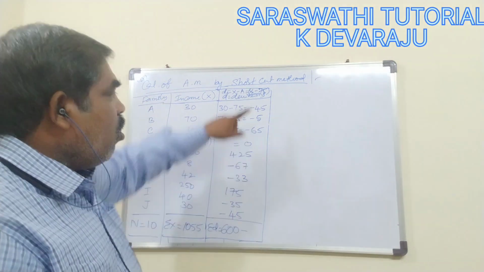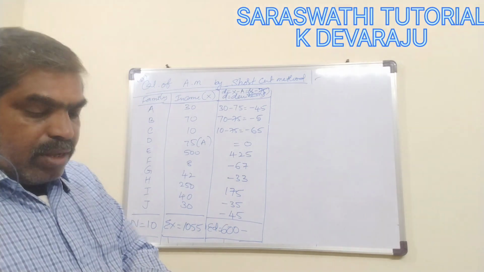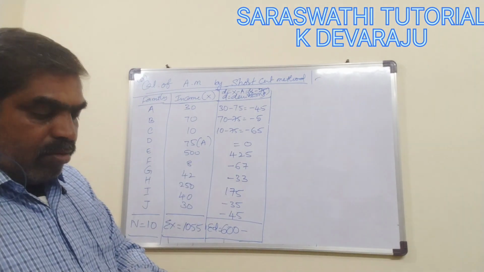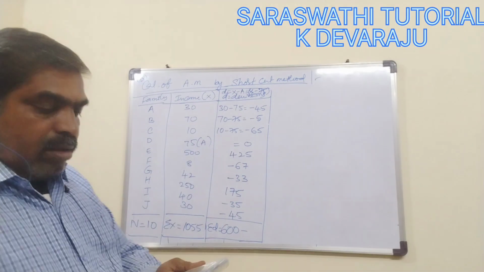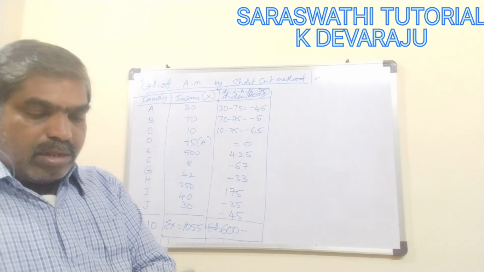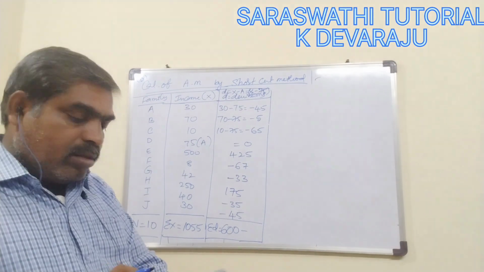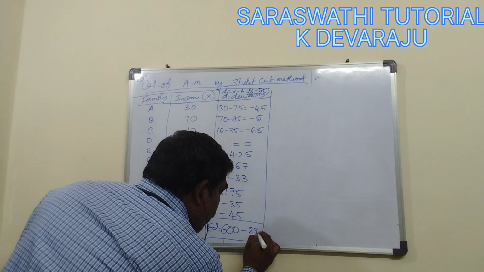Now we add all the negatives: 45 plus 5 plus 65 plus 67 plus 33 plus 35 plus 45. This we got as 295.